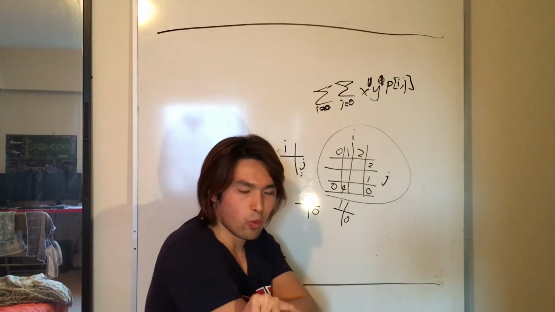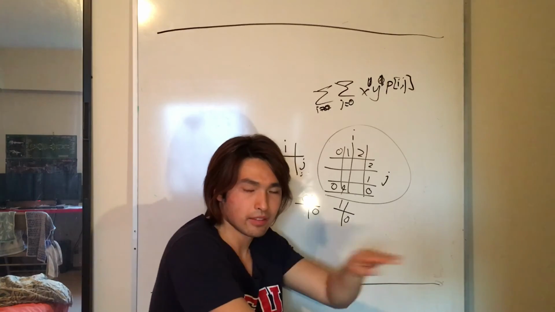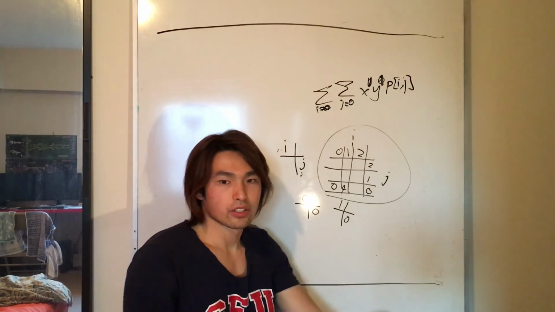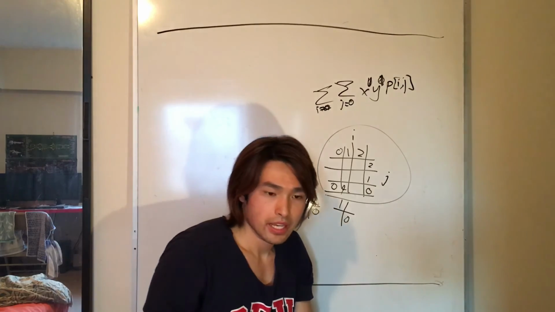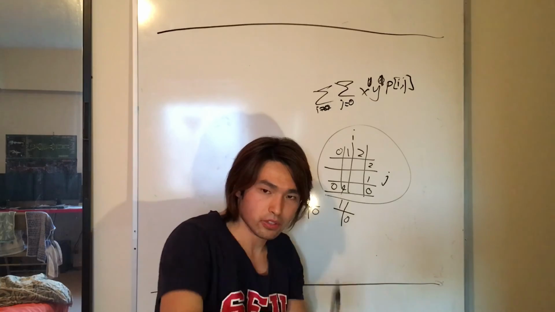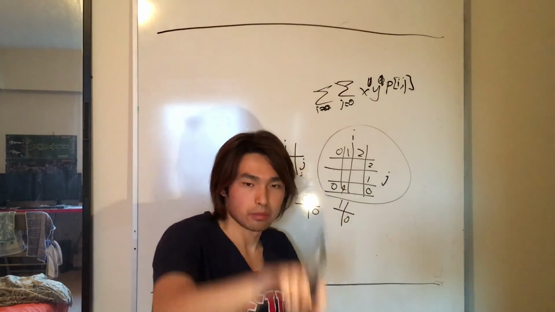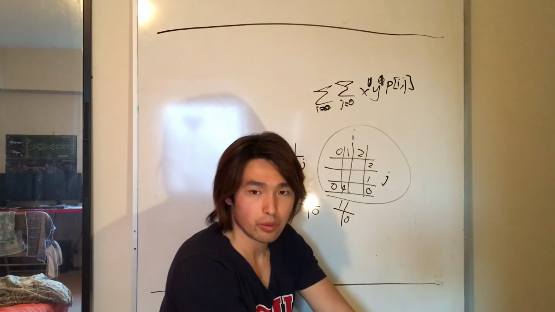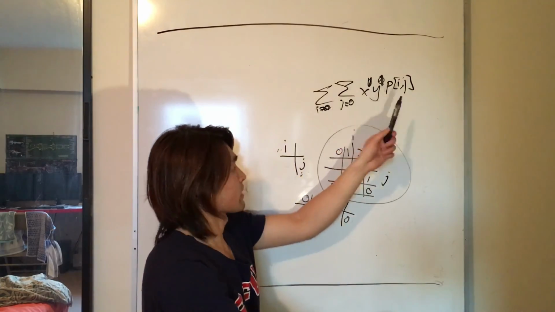If the blob is widest on the horizontal plane, then the orientation of the blob would be horizontal. If the elongation, the longest part of the blob, is vertical, then you would say this blob is vertical. And the second order moment will be able to tell us that.